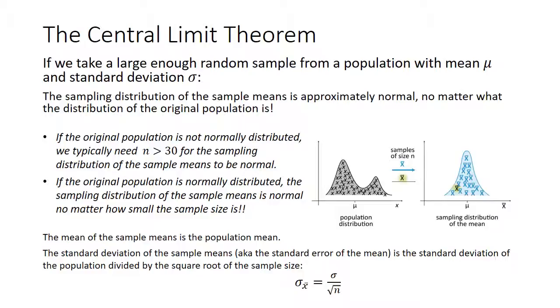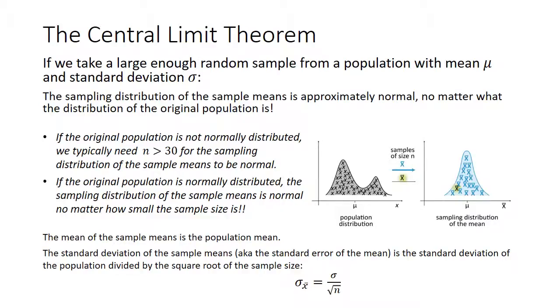Along the x-axis, what we have is possible values for the mean of a sample of size n. And what happens is that most of the means for our samples cluster around the true mean of the population. The farther away we get from the true mean of the population, the fewer samples will have that mean. Only a few samples have means that are way above the true population mean. Only a few samples have means that are way below the true population mean.